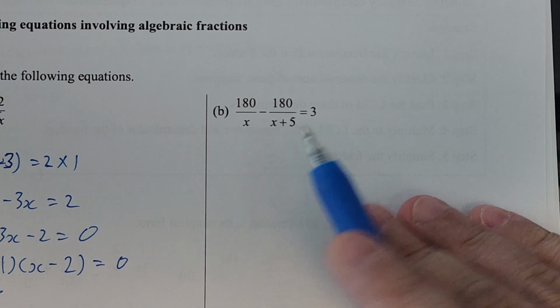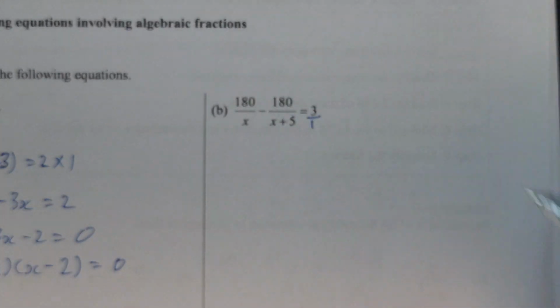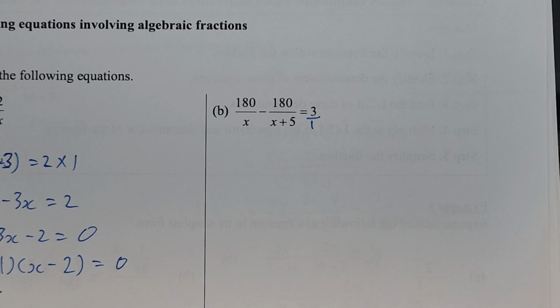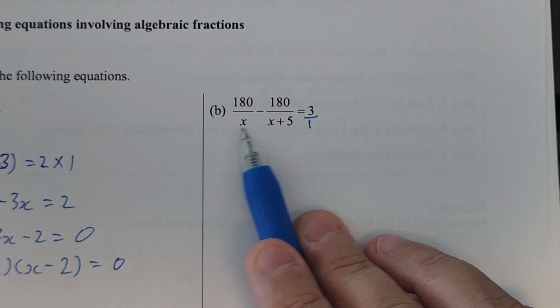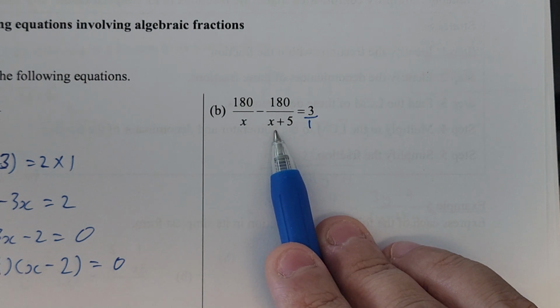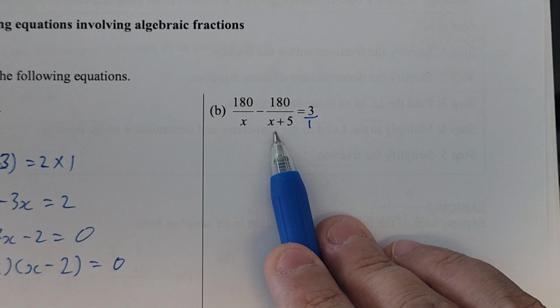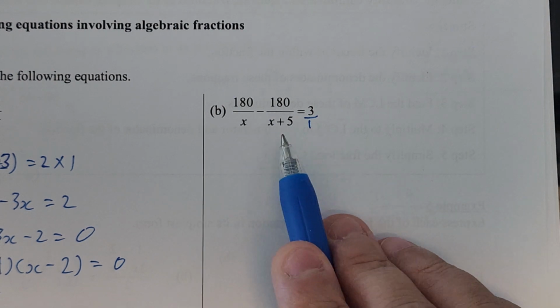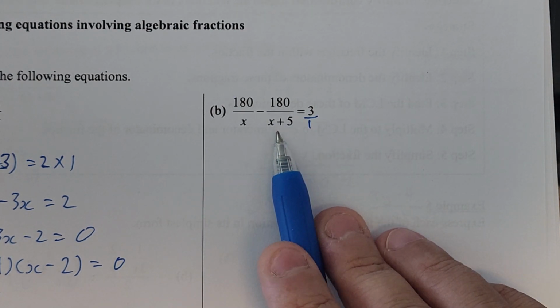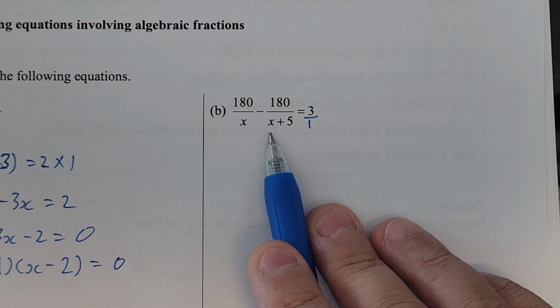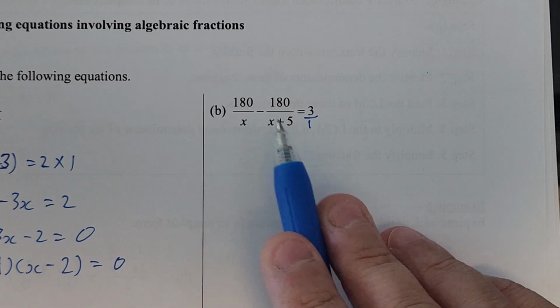now I have 2 fractions on one side. So the 3 over 1, I leave it as 3 over 1. But on the left hand side, if I have more than 1 fraction on one side, I cannot do the cross multiplication. Cross multiplication can only be done if there's only 1 fraction on each side. In this case, the left hand side has 2, so I can't do it. Then what must I do? Well, in the previous lesson we learned how to combine them.